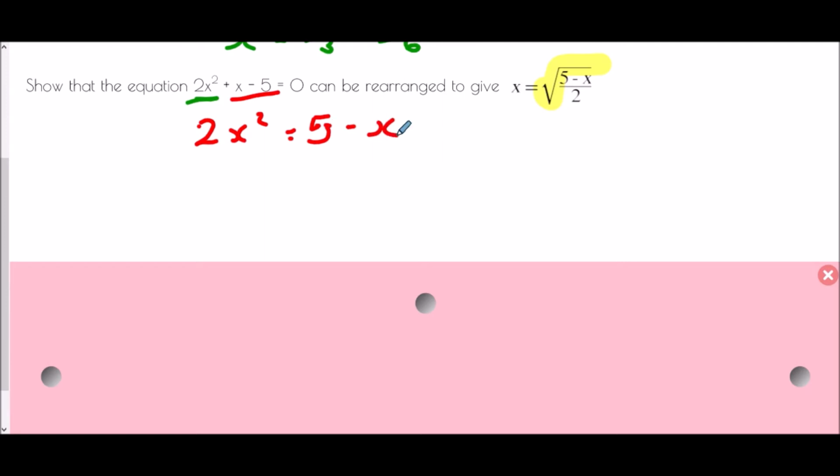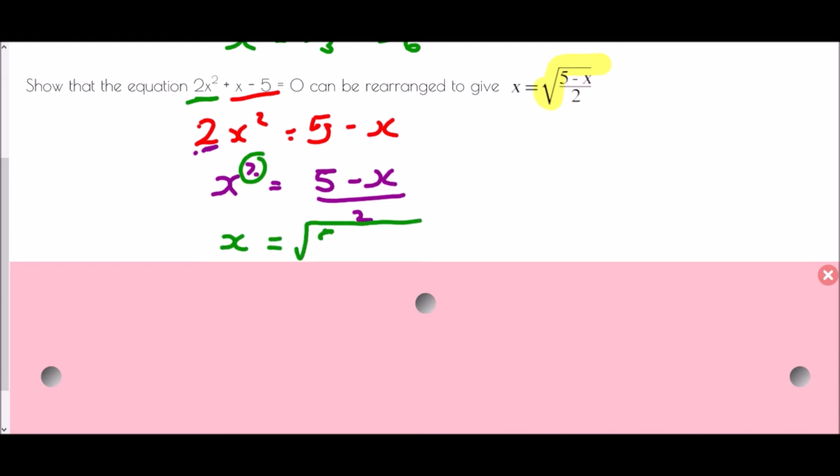And then the next stage of my working, well, I would want to get rid of this 2, so I'm going to divide everything by 2. 5 take away x all over 2, and then the last stage would be to get rid of this x squared, and the way to do that would be the square root. And so the square root of everything which was already there, 5 minus x over 2. And if we have a look, that is exactly the formula that we were given at the top.